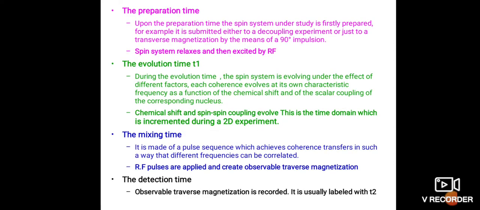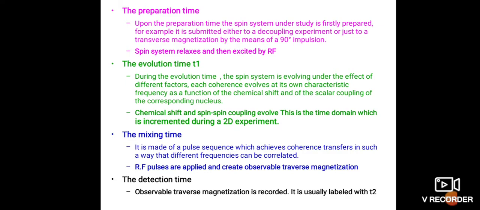These are the different aspects: preparation time, where the spin system relaxes and is then excited by the RF, and evolution time T1, where chemical shift and spin coupling evolve.